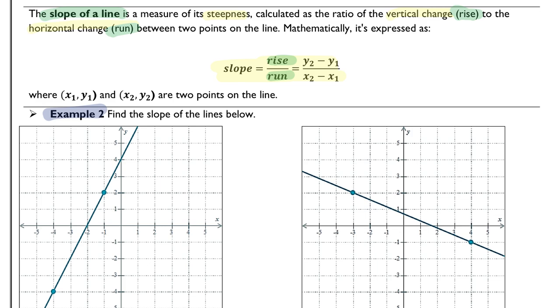And we can use that with this specific formula of we're subtracting the y's, what's the change in y, and the change in x. So that is a key formula that you'll have to remember. And we also will write that as m, lowercase m, for slope. Just remember these x's and y's are the 2 points that are on the line.